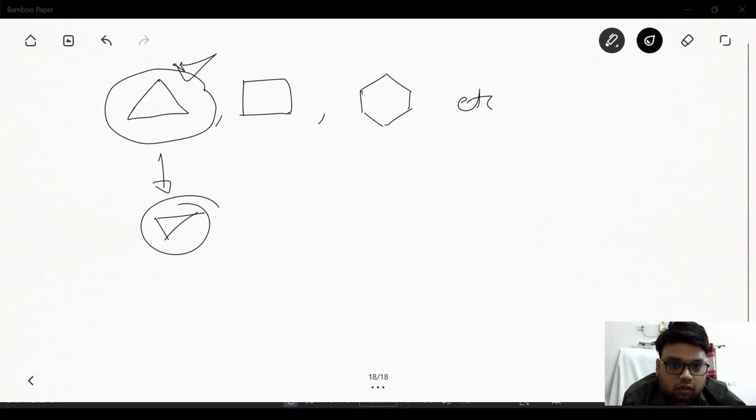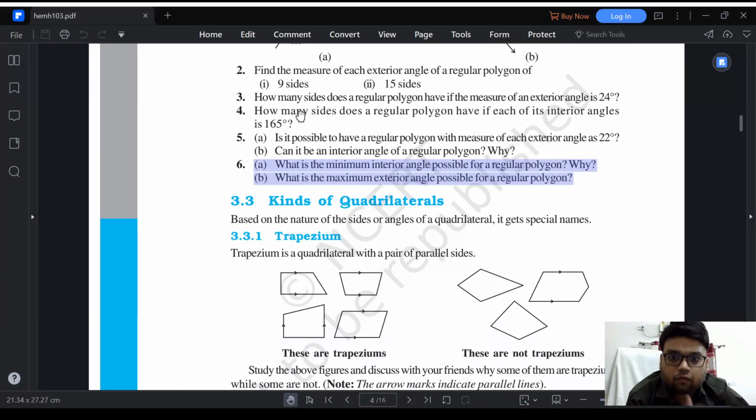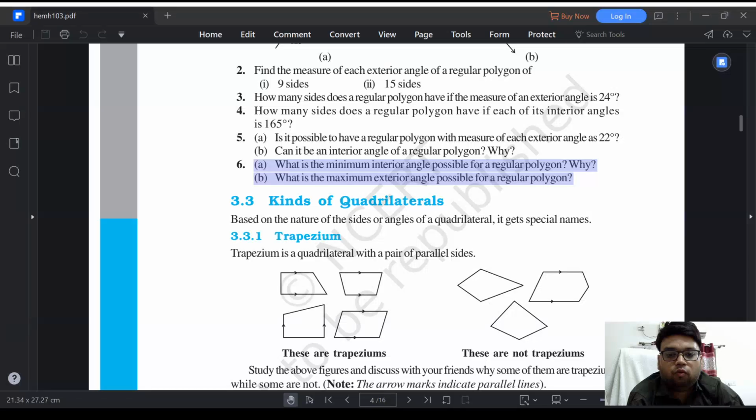What is your question? Look at your question. Yes, what is the minimum interior angle possible for a regular polygon? That regular polygon is nothing but a triangle, and for an equilateral triangle the angle will be equal to 60 degree, as we know, but we need to prove that. So how can we prove it?